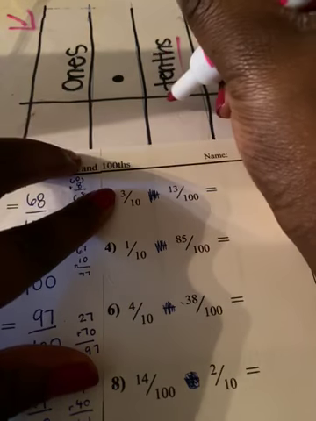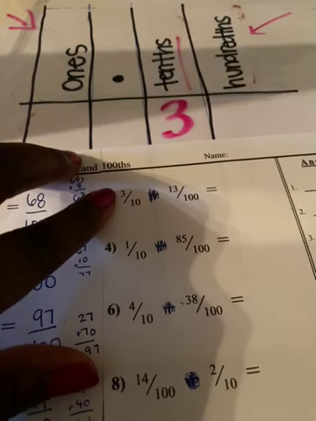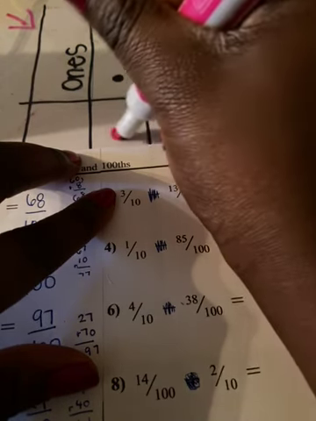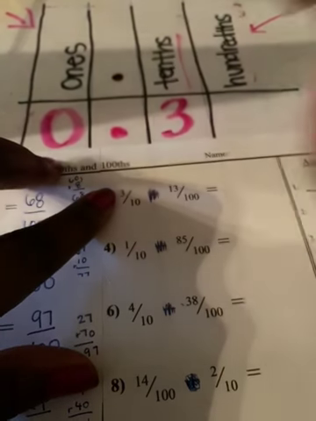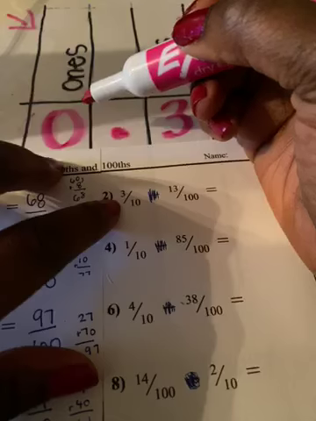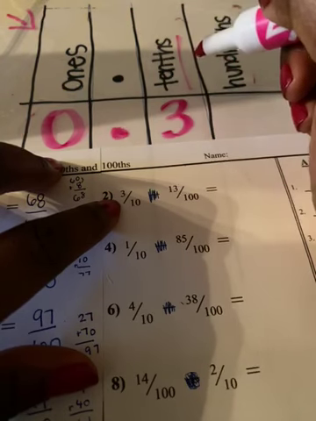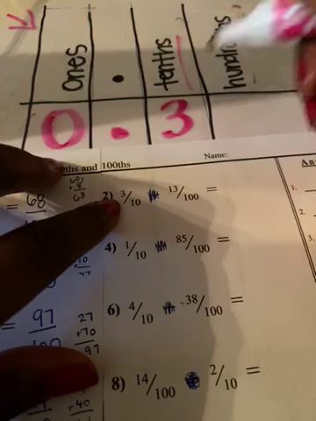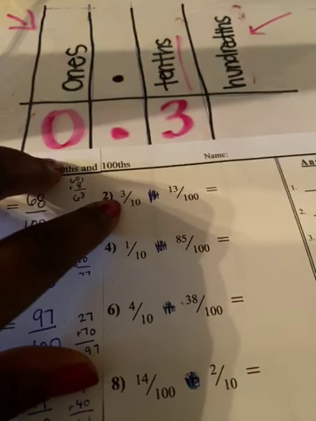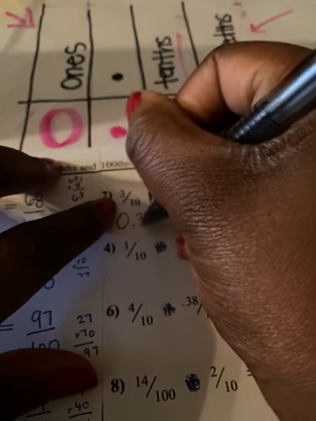So we're just going to put the number 3 here, and because 3 is just sitting there like that, it looks like it's a whole number. So we want to make sure we add our decimal and our 0 to show that there are no whole numbers, and our decimal to show that we're dealing with numbers that are not quite a whole yet. So this is what 3/10 would look like. Below 3/10, I'm going to write 0.3.